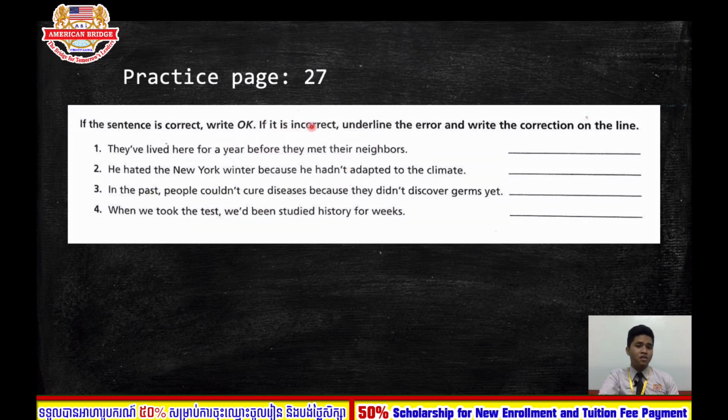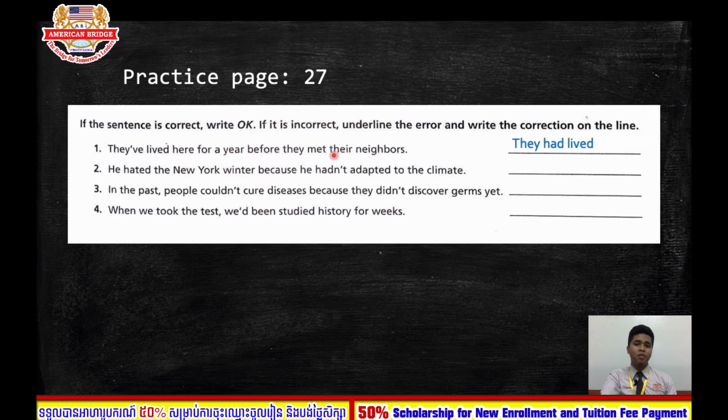If it is incorrect, underline the error and write the correction on the line. So let's start with the first one. They lived here for years before they met their neighbor. So now, what's wrong with this one?